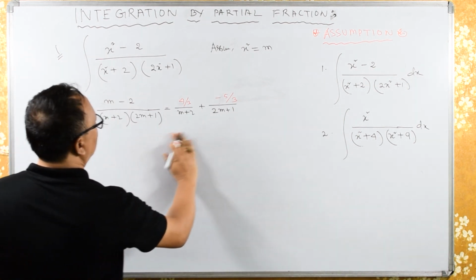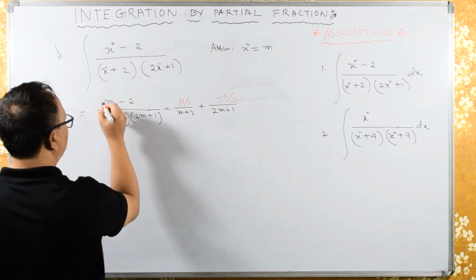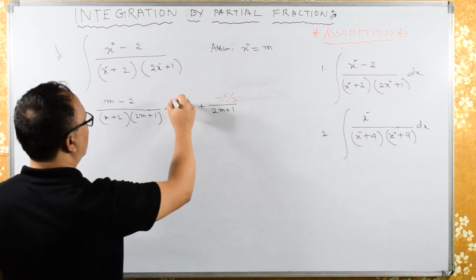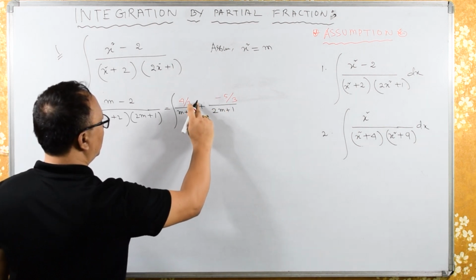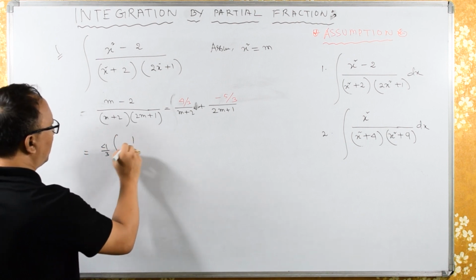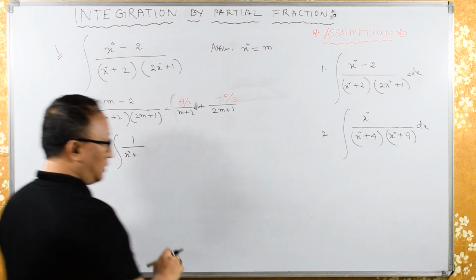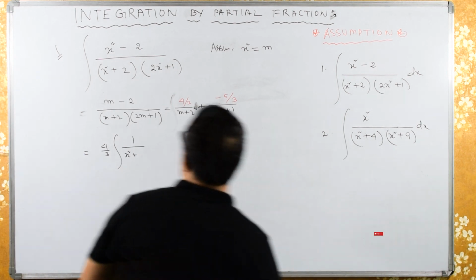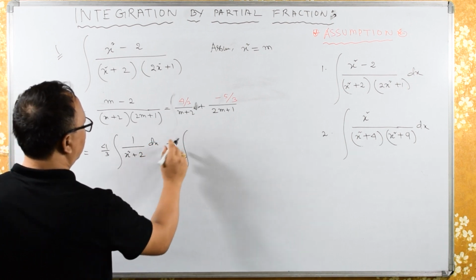Now coming back, the integral of this is the same as integral dx. Taking 4/3 outside, 1/(x² + 2) dx plus (−5/3) times the other term. Let's substitute this.